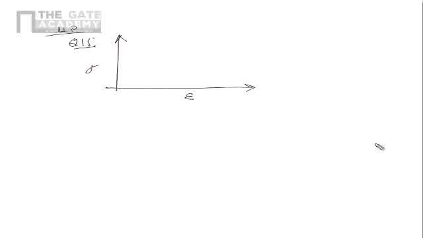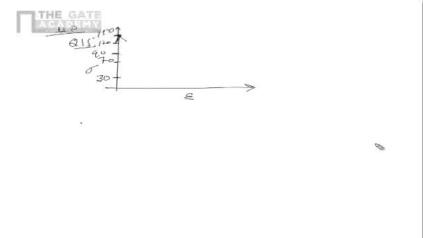Now, its resilience and toughness. So the stresses are like this: this is some 30, this is 70, this is 90, and this is 120, and this is 150. This is the way the stresses are there in the stress strain curve.